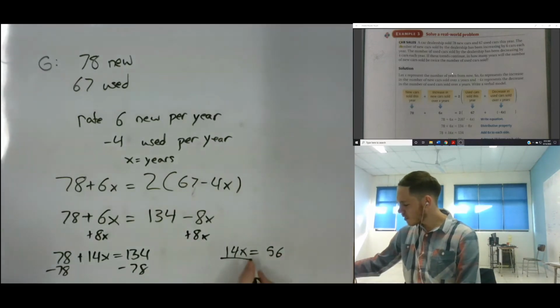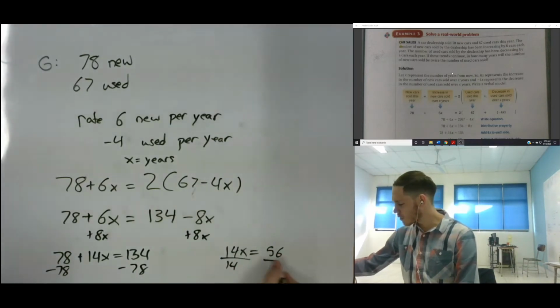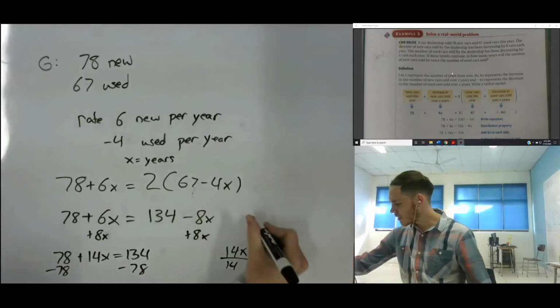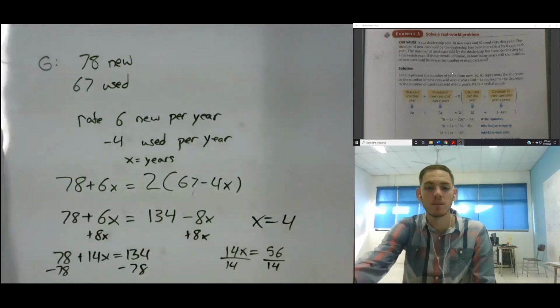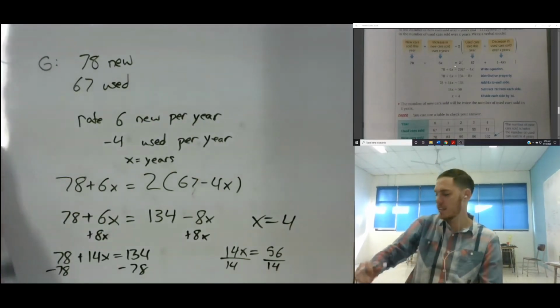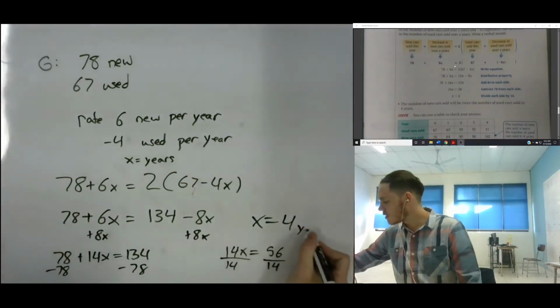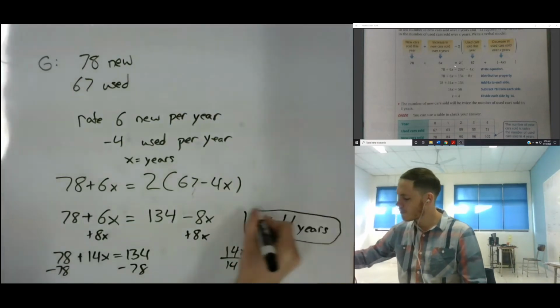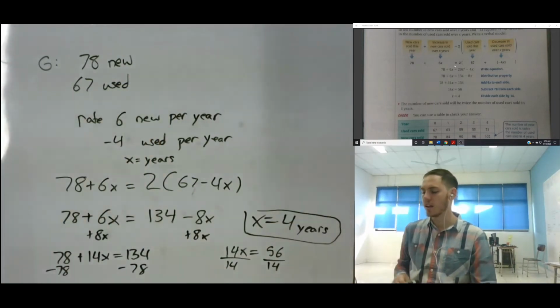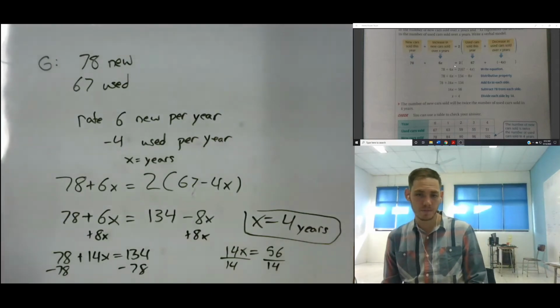If we divide both sides by 14, get x equals 4. And let's double check. Is that what the book got? Yes. So 4 years. Okay. So in 4 years, you're going to have double the new as you do old.